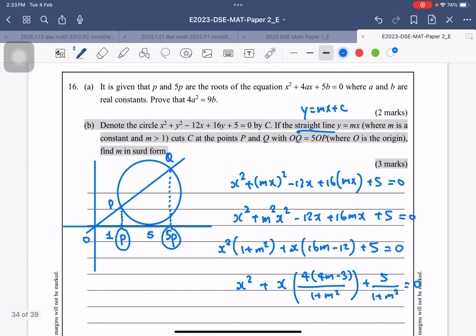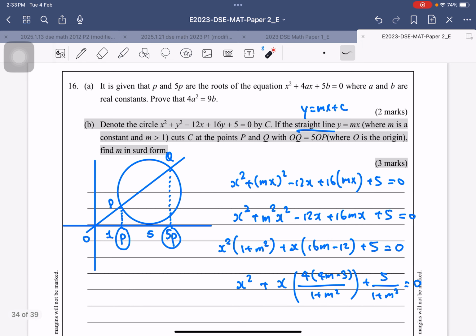Is this okay? Is this step okay? x squared plus mx minus 12x plus 16x plus 5. Do you understand here? I just replace the y by mx, because I'm trying to find out the intersection.